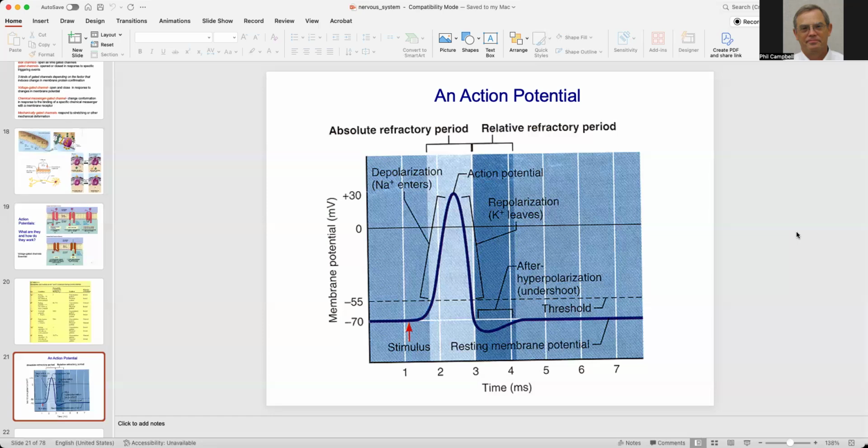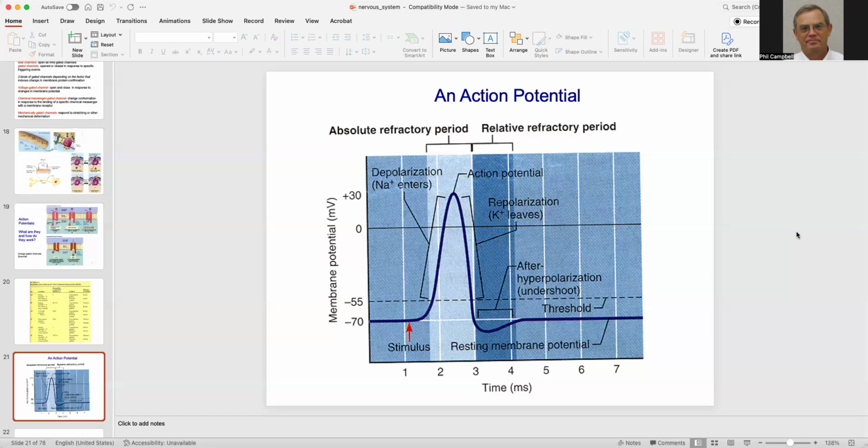Right? So the absolute refractory period is: once I've initiated this, these voltage-gated channels stay open until we get to plus 30 millivolts. It doesn't matter how much more stimulation I provide, we already have all of those voltage-gated channels open. I can't do any more. I'm already committed, and I can't stop until I get to plus 30.